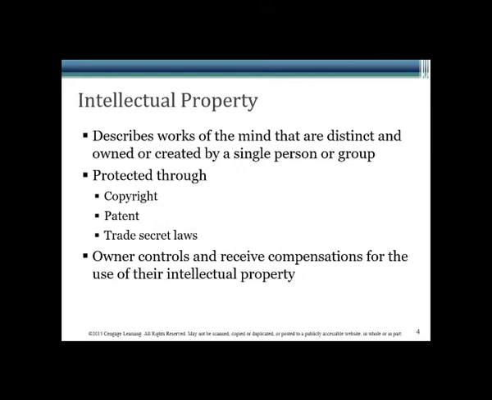For example, some innovators believe that copyrights, patents, and trade secrets stifle creativity by making it harder to build on the ideas of others. Meanwhile, the owners of intellectual property want to control and receive compensation for the use of their intellectual property. Defining and controlling the appropriate level of access to intellectual property are complex tasks.